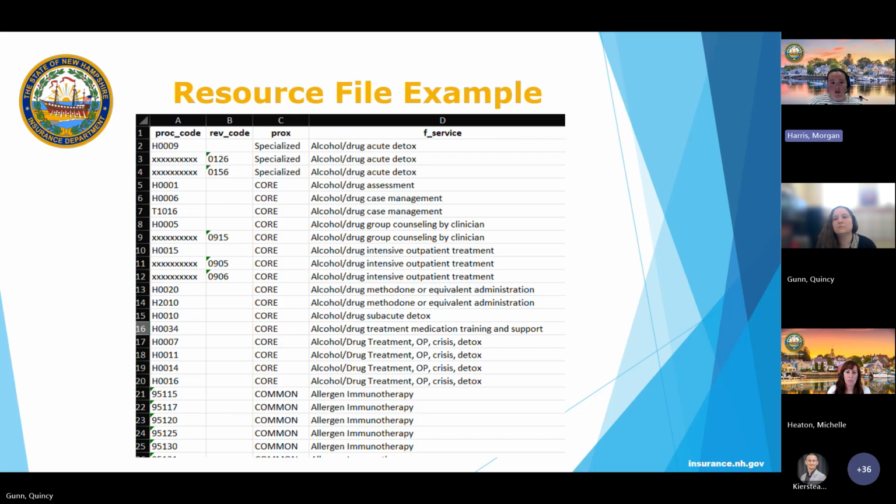If you are being deficient in the alcohol drug acute detox service, maybe you can go into your system, look up those H codes, see who you might have billing for those and kind of what's going on there. So we added this, I'd say, a couple years ago, and I've heard good feedback that it has been helpful to take back on the insurer's end and be able to use to help rectify any sort of failures.